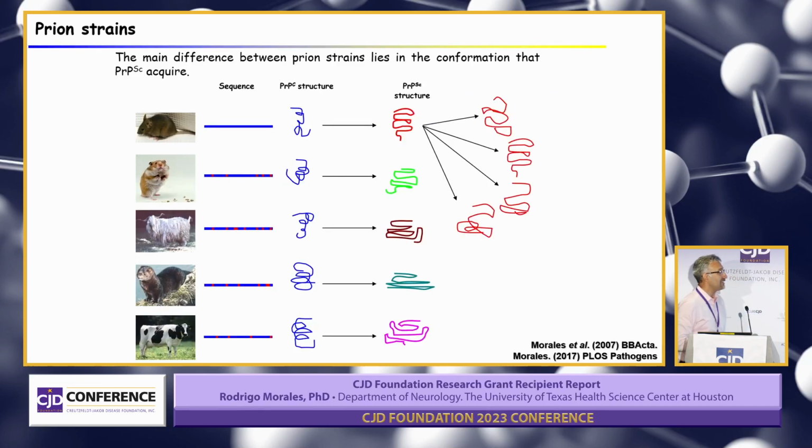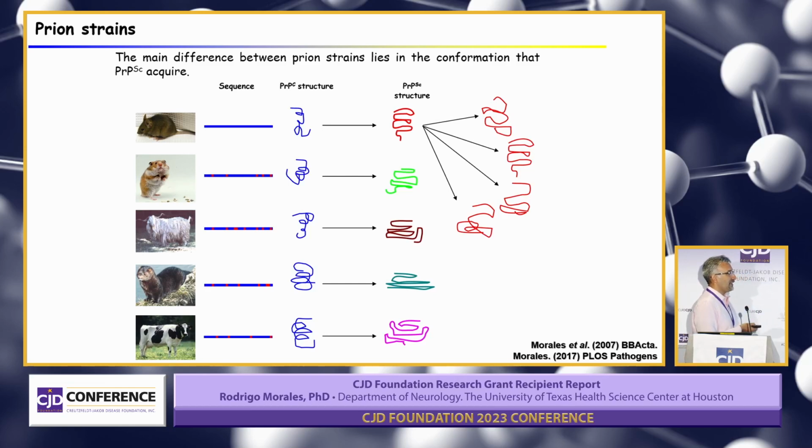The problem is that the infectious prion protein, the disease-associated prion protein, doesn't misfold, doesn't change its conformation, in a single way. It can take different shapes. This is the basis of what we call prion strains. So by definition, the main difference between prion strains lies in the conformation that the disease-associated prion protein acquires.